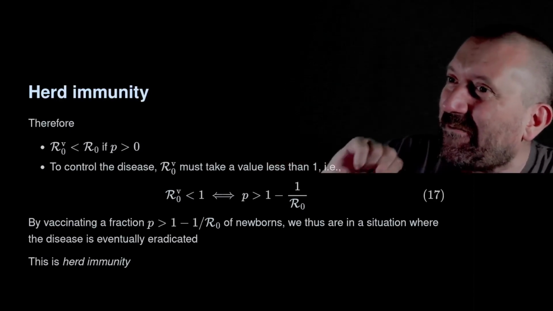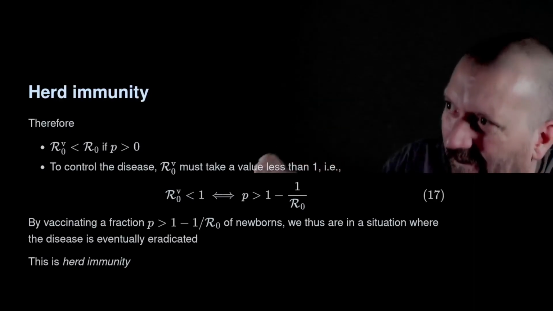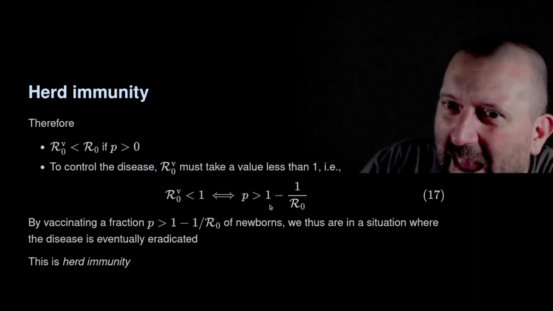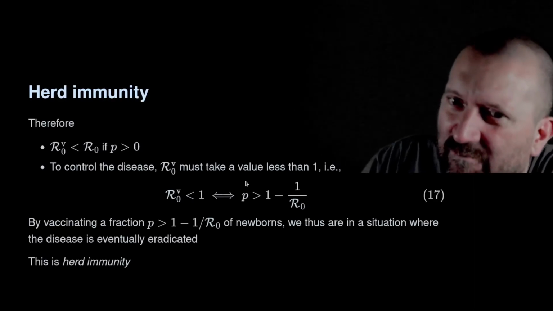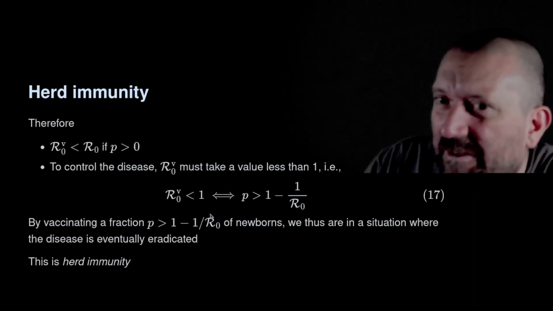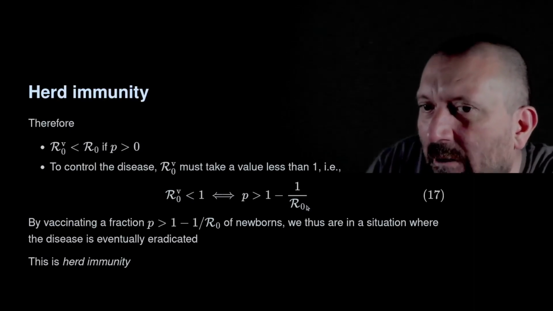And that means that for infectious individuals, most of the people they meet are vaccinated. How much do I need to be able to drive the disease away? I don't need to vaccinate everybody. I just need to vaccinate a fraction that is larger than this.